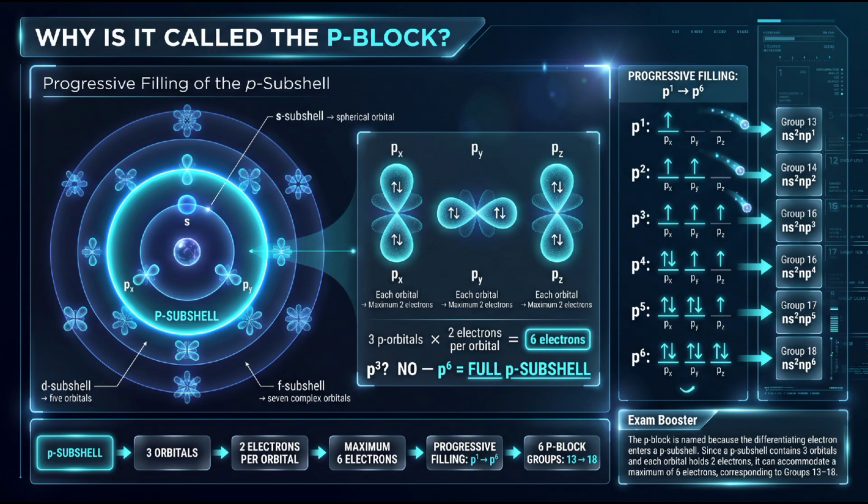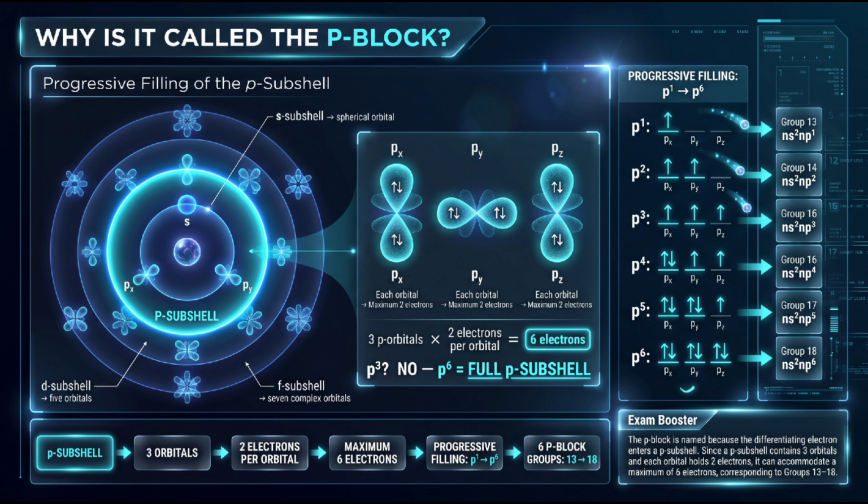For the elements of the p block, the general valence shell electronic configuration is written as ns²np¹ to np⁶. The letter n represents the principal energy level of the outermost shell. The s subshell contains 2 electrons, while the p subshell contains between 1 and 6 electrons depending on the group.